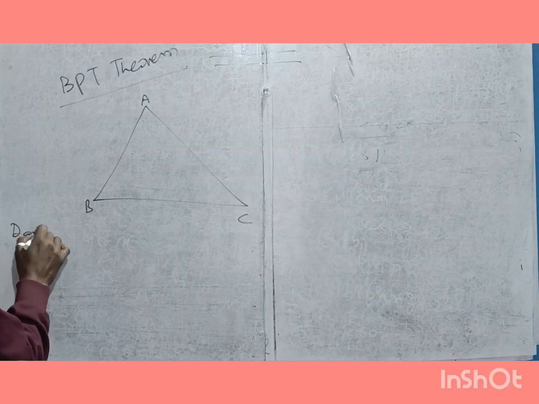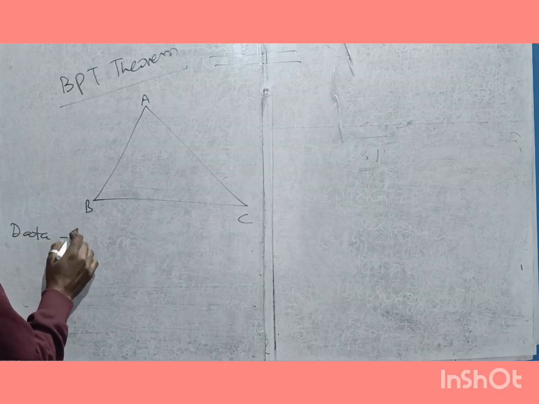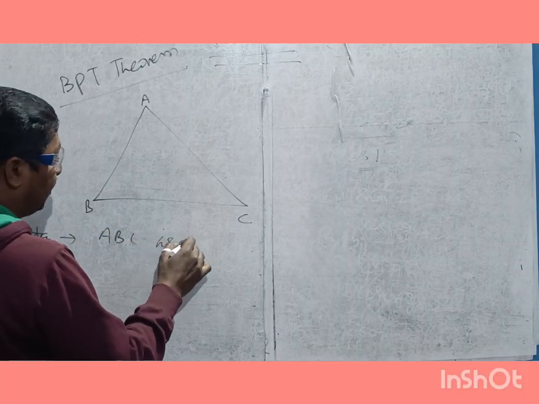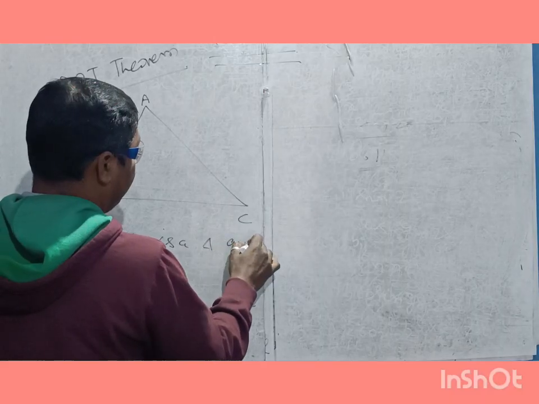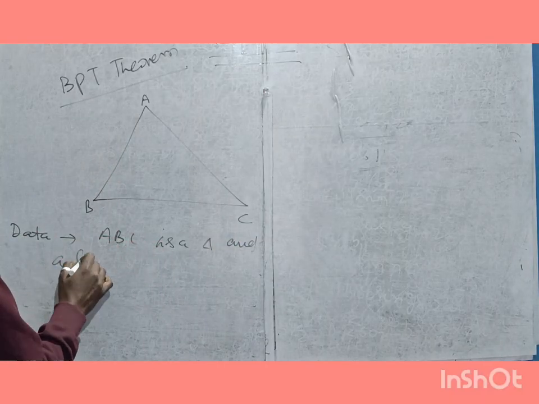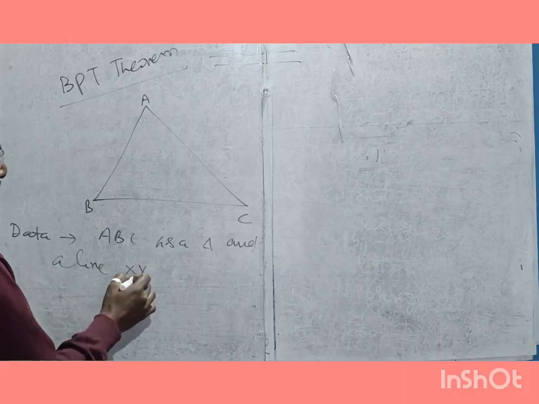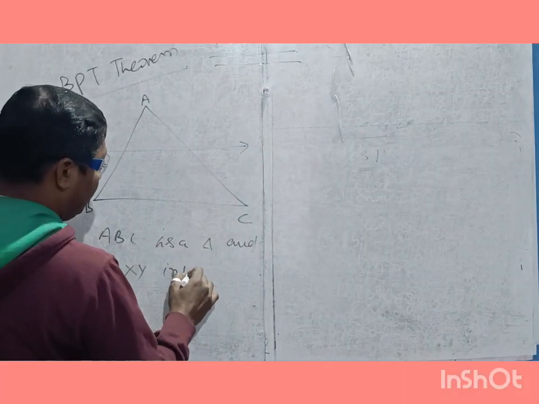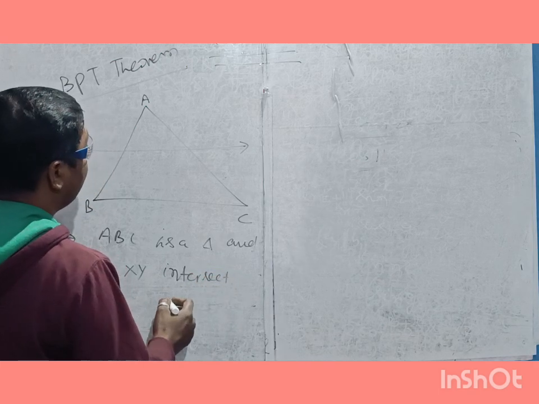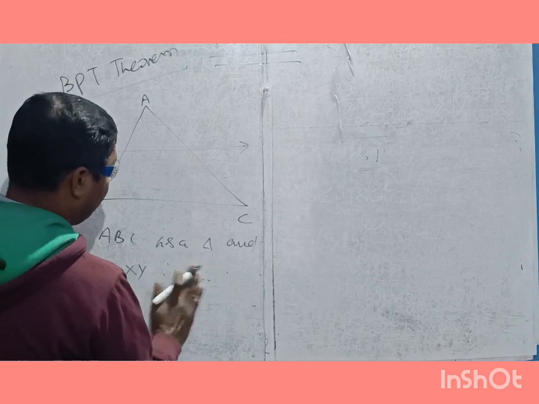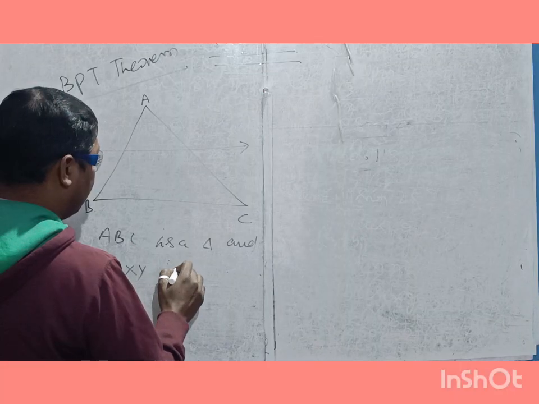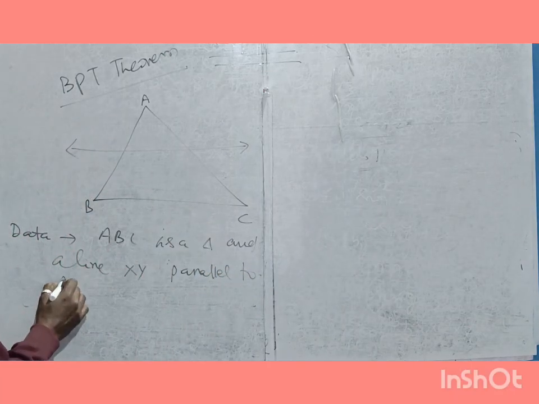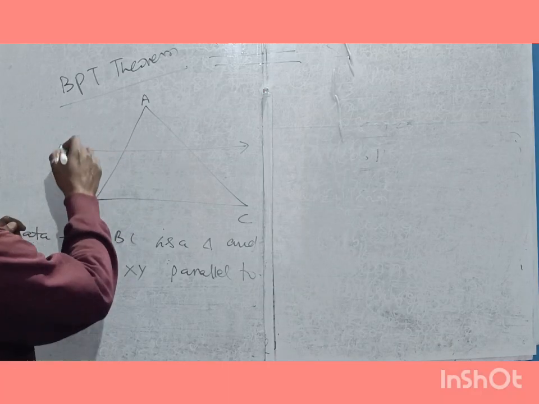Data given: ABC is a triangle and a line XY, let's say XY is parallel to BC.